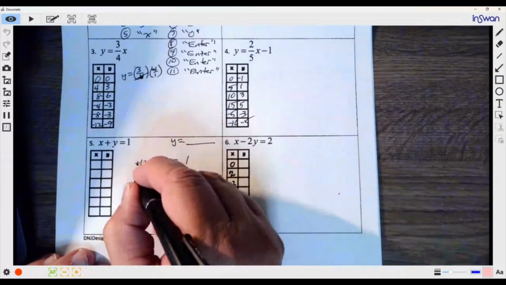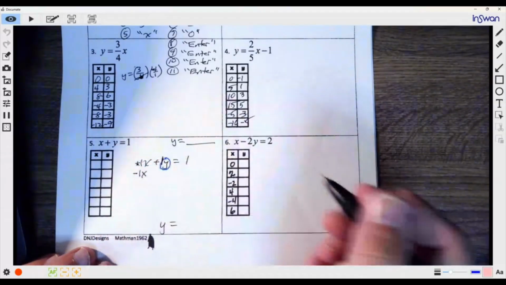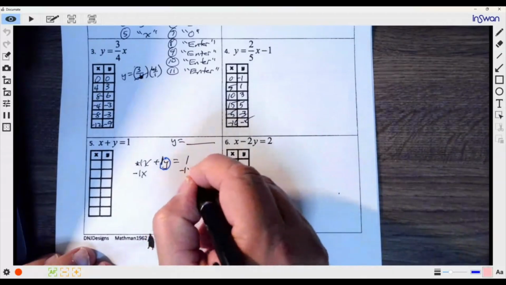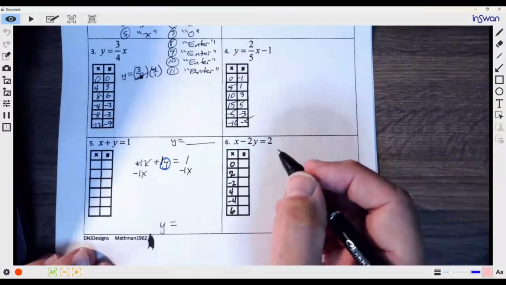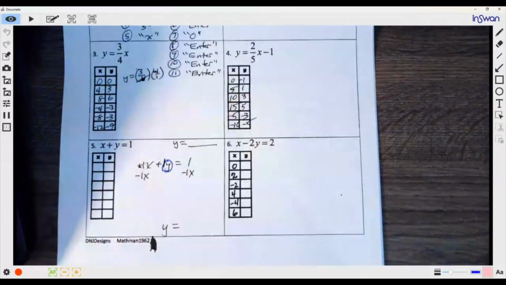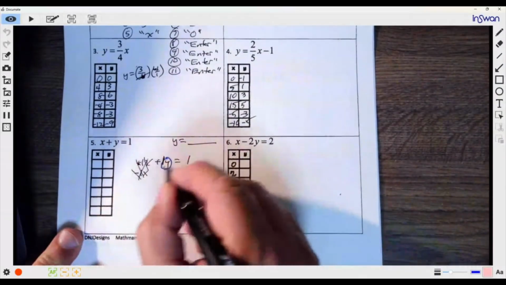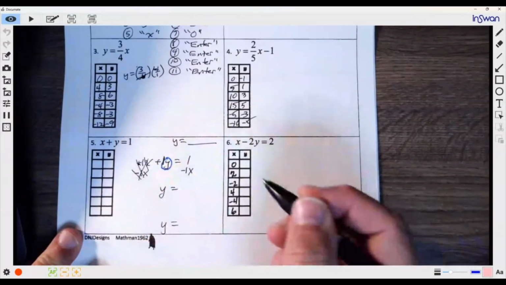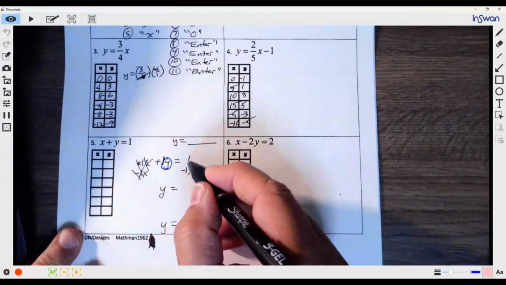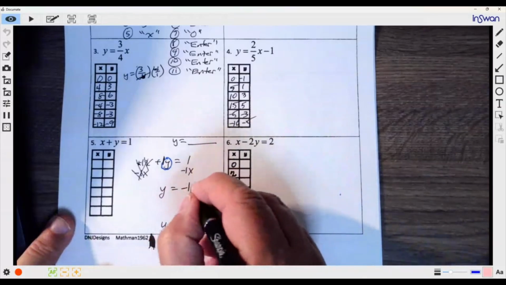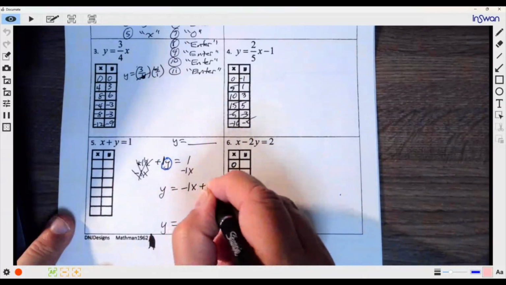We undo addition or subtraction first. So I'm going to subtract 1x and subtract 1x. Well, positive 1x and negative 1x add up to 0. That leaves me with y. We have a 1 and a negative 1x. We always put the variable term first.